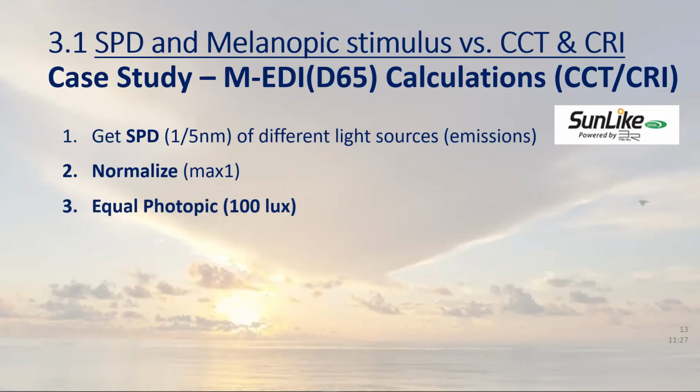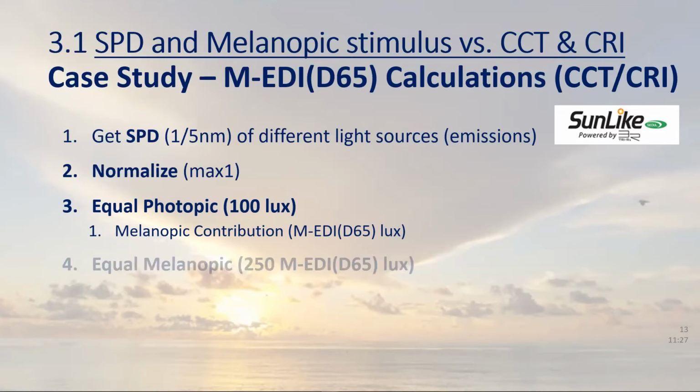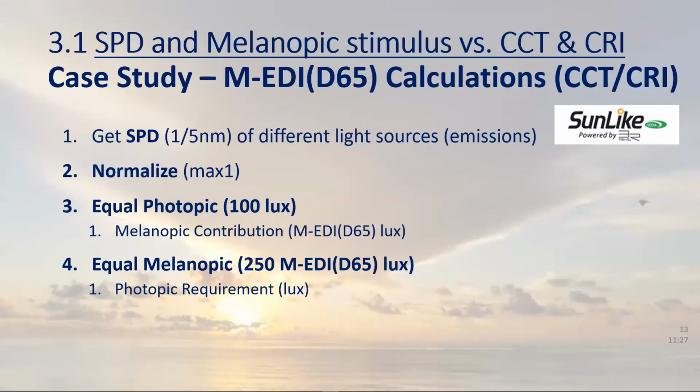We will go into equal photopic at 100 lux, and we will calculate the melanopic contribution in melanopic equivalent daylight illuminance lux. And then we will do the opposite. Having equal melanopic at 250, we will estimate which is the photopic requirement in lux to achieve this melanopic illuminance.